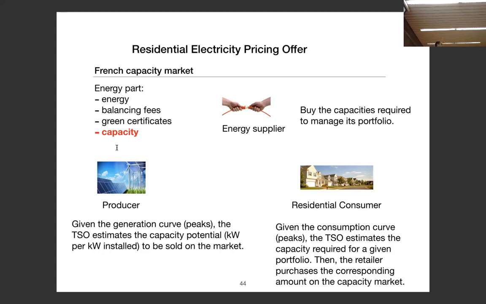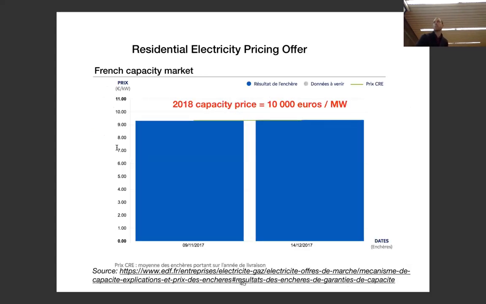So I want you to buy some capacity to prevent the risk of not delivering electricity at that time. This money will be given to the producer, and it will help them build enough capacity that will be used just during peak hours. This is the basics of the capacity market. For instance, in France, 3 years ago, a capacity of 1 megawatt was sold for 10,000 euros on the market.